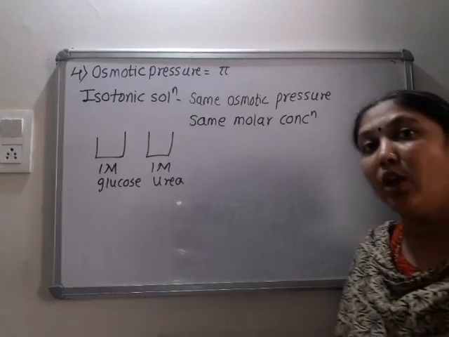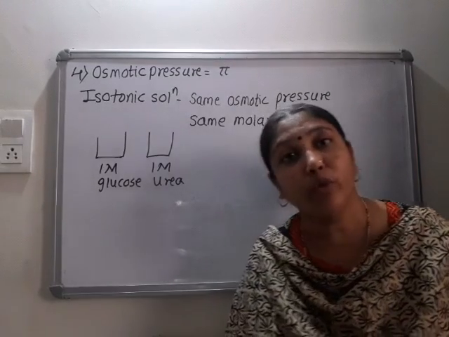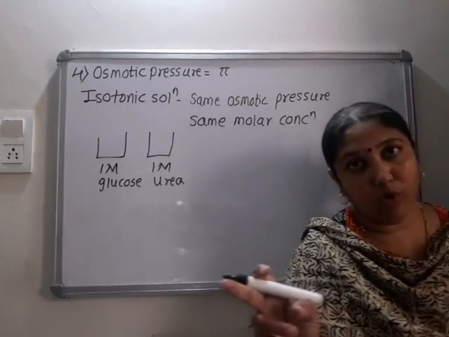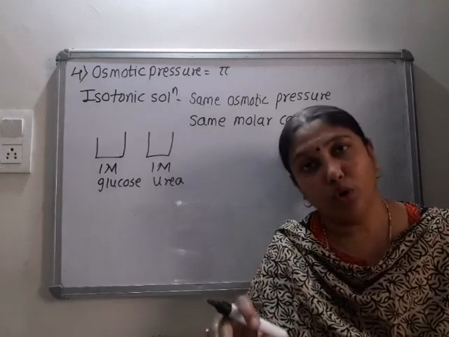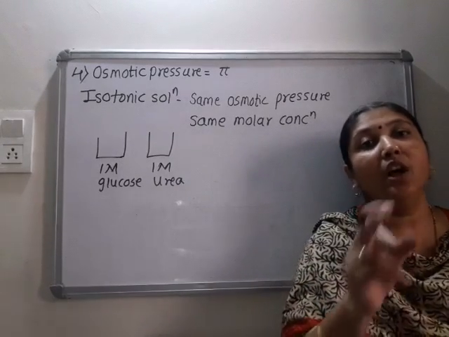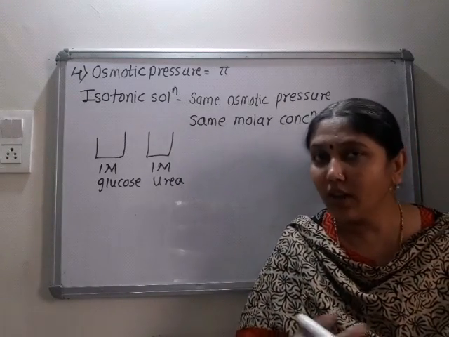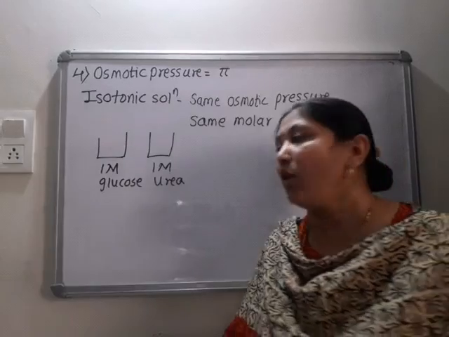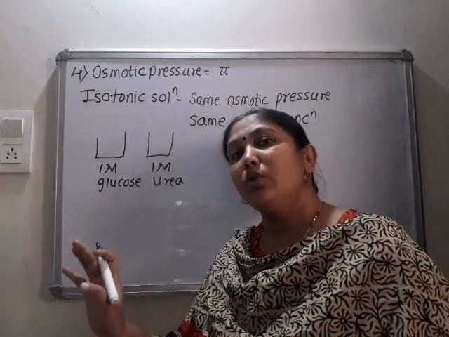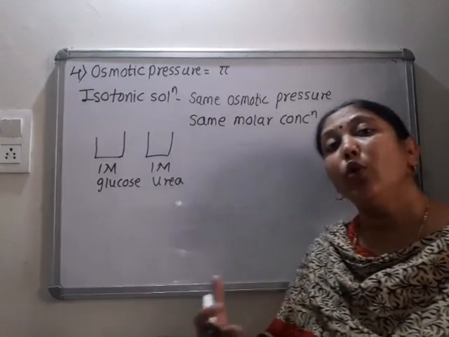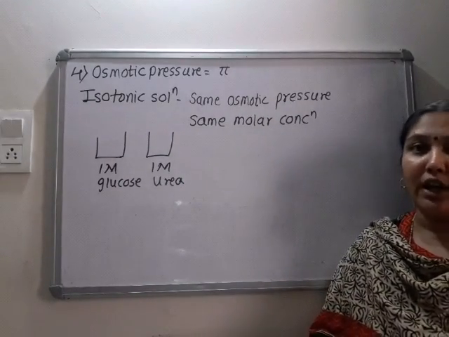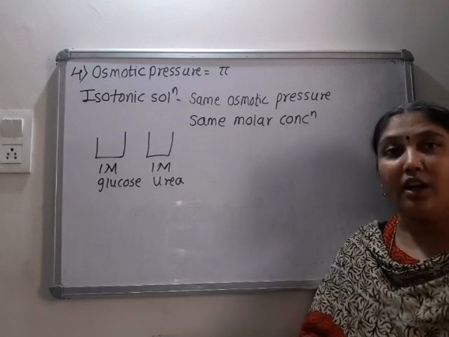How do we prepare a molar solution? What is the definition of molarity? 1 mole of solute is dissolved in 1 liter of solution. Then the resultant solution is called a molar solution. So, the number of moles per liter is molarity. What is the molarity given here? 1.